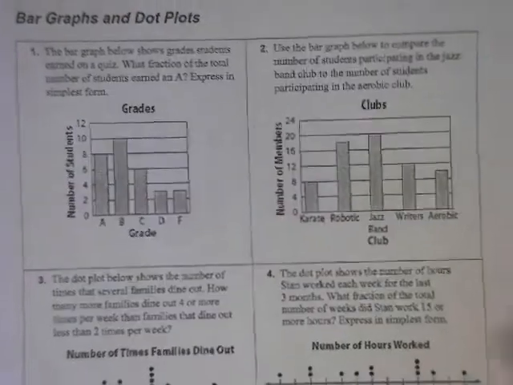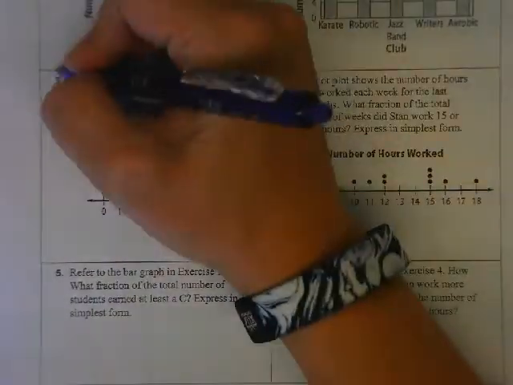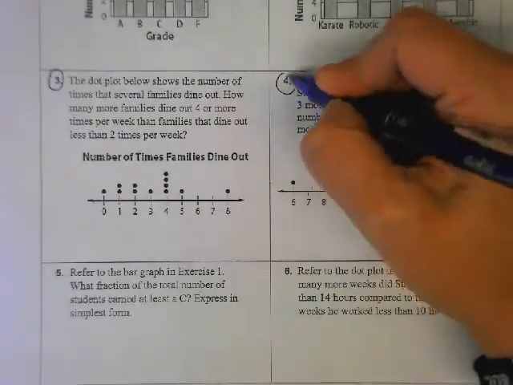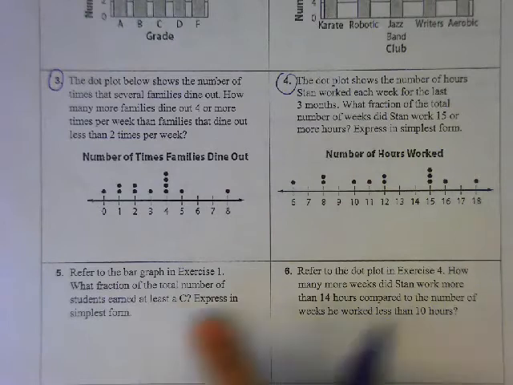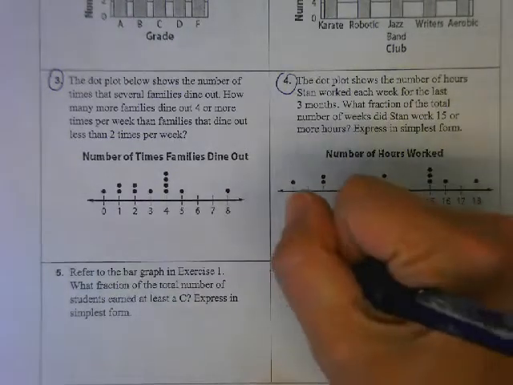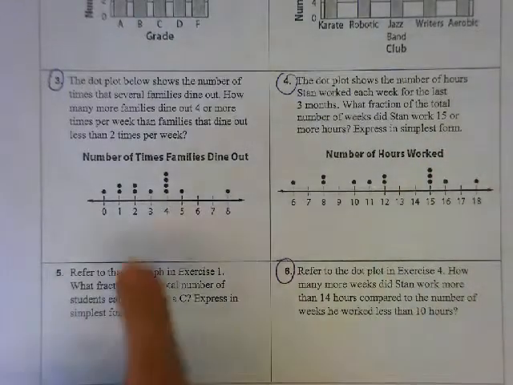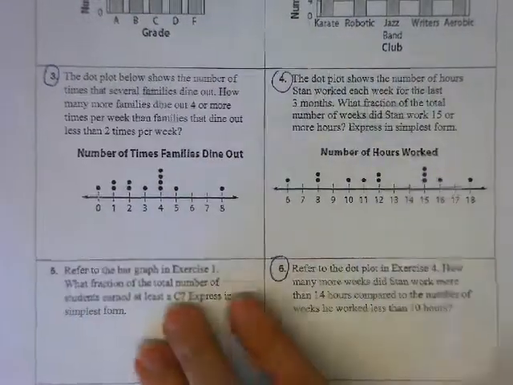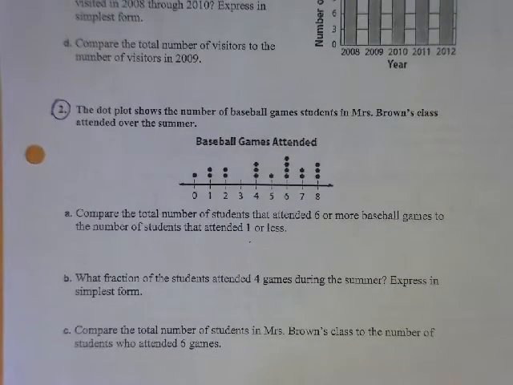We're not going to do that. But we can do 3 and 4. Number 5 is talking about the bar graph in number 1, so we're not doing that one. But number 6 is talking about the dot plot in number 4. So we're going to do on the back 3, 4, 6, and on the front number 2. All right, and we'll go over that tomorrow.